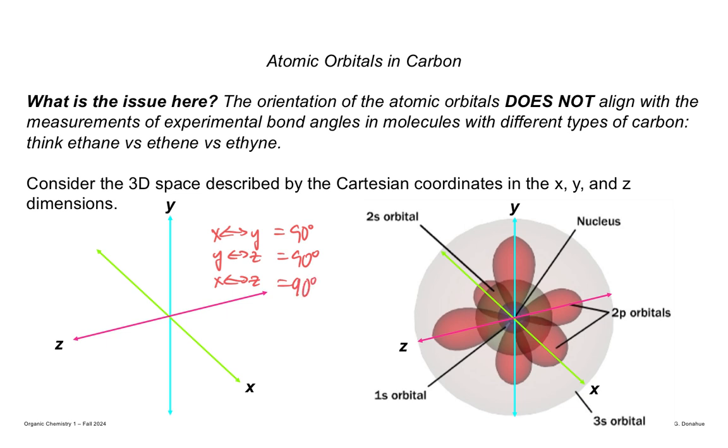So they're all 90 degrees. So if you try to bond something to carbon, that's basically going to form a 90-degree angle, and that is not what we observe. So the quantum physicists, back at the early 1900s, figured out, okay, this doesn't fit the description, so we have to do something else.